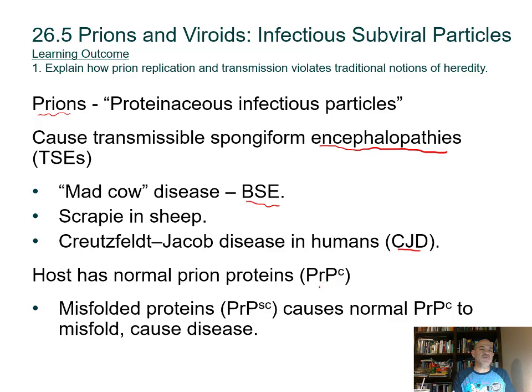And these normally shaped proteins, which we're going to abbreviate as PrPC, end up coming in contact with a misfolded version of that protein. That misfolded protein is going to be abbreviated as PrPSc. And so if this misshaped protein enters the tissue and gets into the cells where you normally have the normal protein, this particular protein causes the normal protein to misshape.